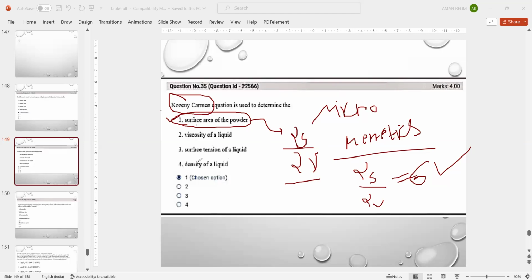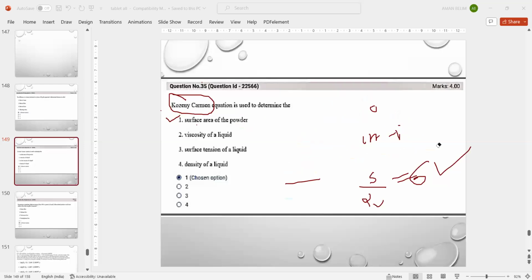Then what are the different methods for density measurement? For the measurement of density, what are the two methods? Pycnometer, yes.